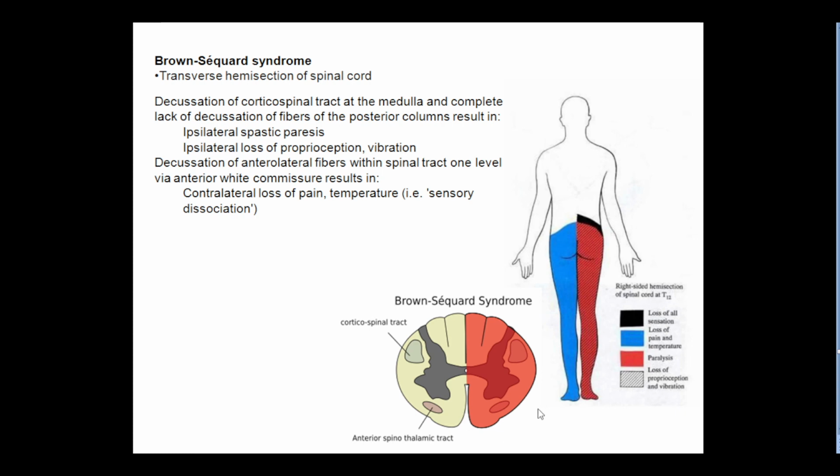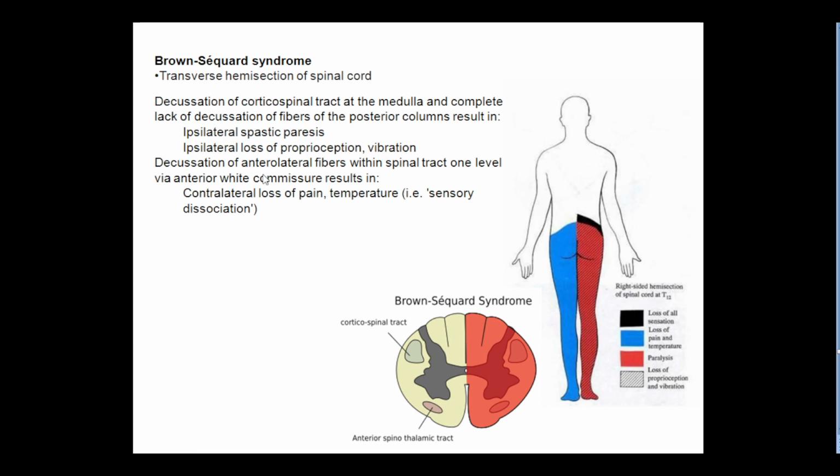So in this case, you can see this is the half of the spinal cord which is damaged. On the ipsilateral side, you will have spastic paresis, which means loss of motor activity and paralyzed limbs. And on that same side, there will be loss of proprioception and sensation of vibration.